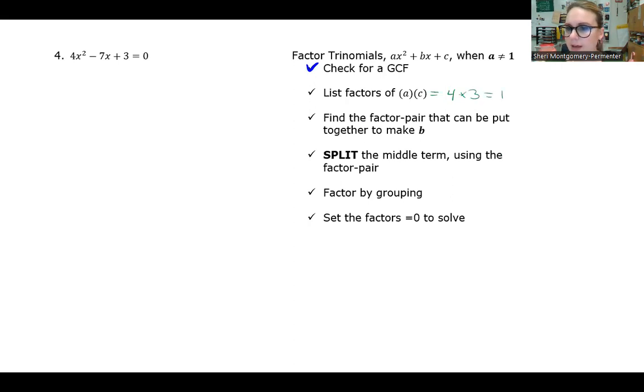So I'm checking for factors of 12. I've got 1 and 12, 2 and 6, 3 and 4. Is there a factor pair that I can put together to make -7? I could do -3 and -4.